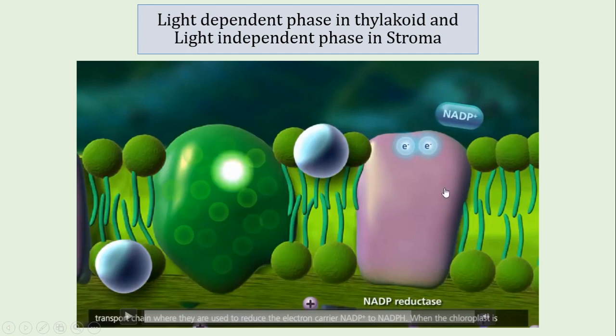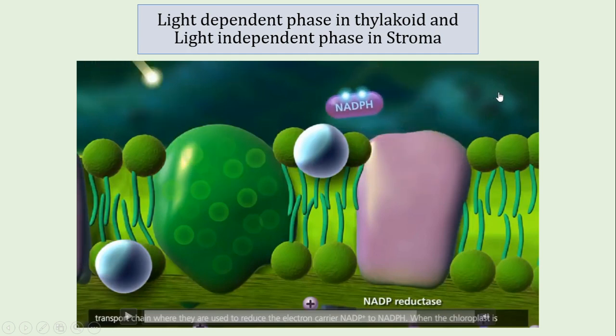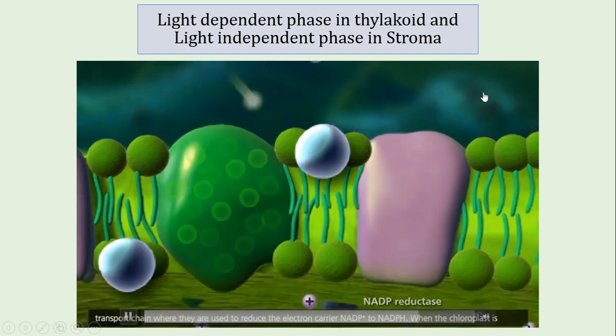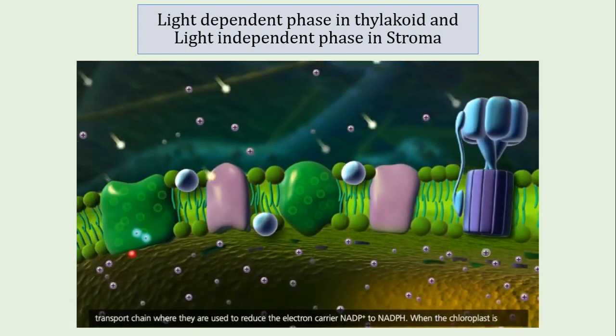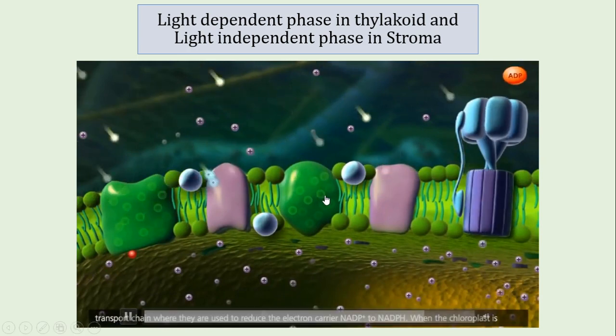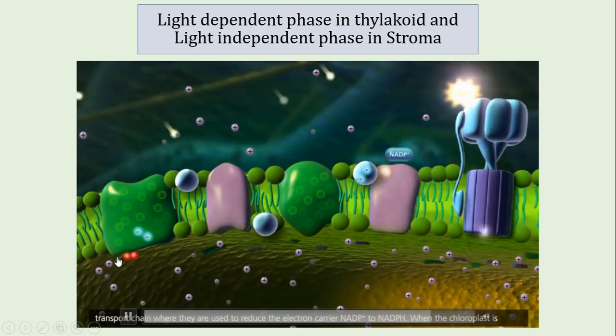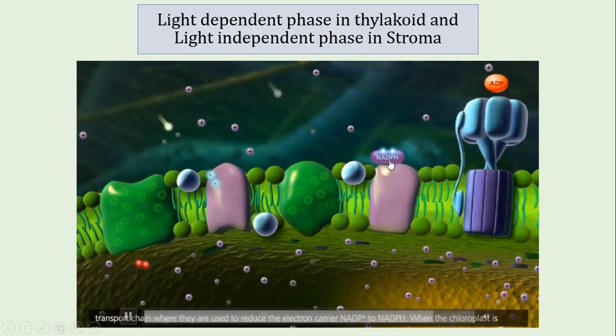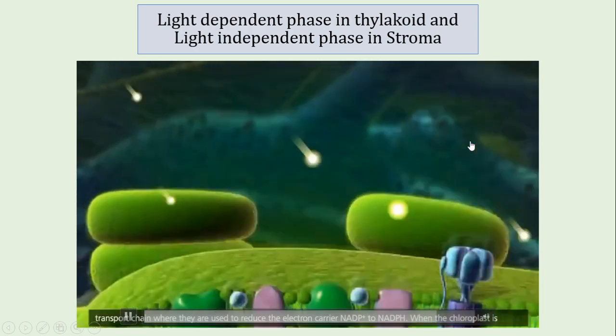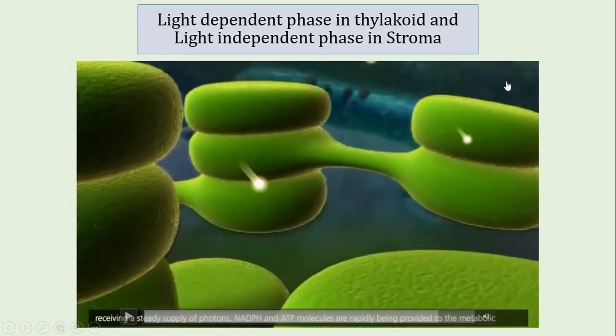So what happens? The NADP reductase enzyme combines these three things to convert NADP plus to NADPH. So now you see what is going on at the thylakoid membrane. We see photolysis at the chlorophyll, NADPH production on the NADPH reductase enzyme, and ATP production on the ATP synthase enzyme.